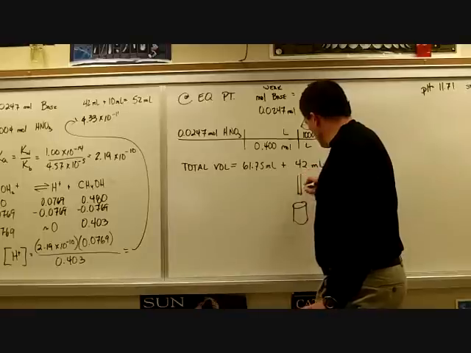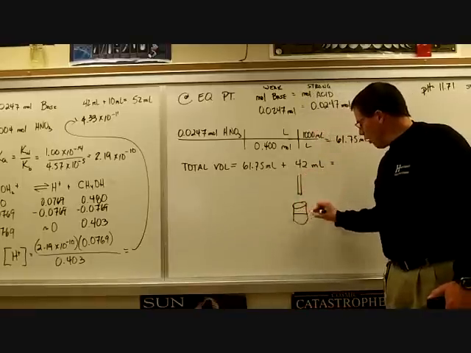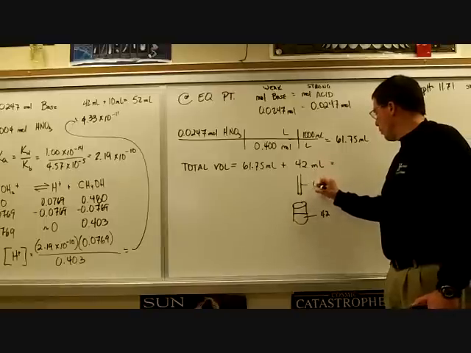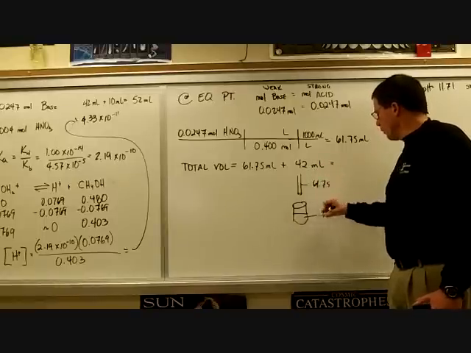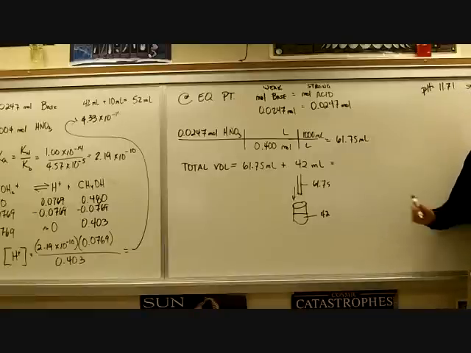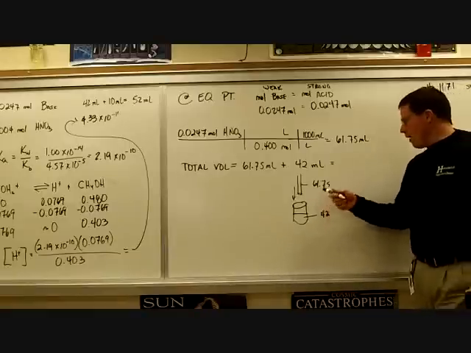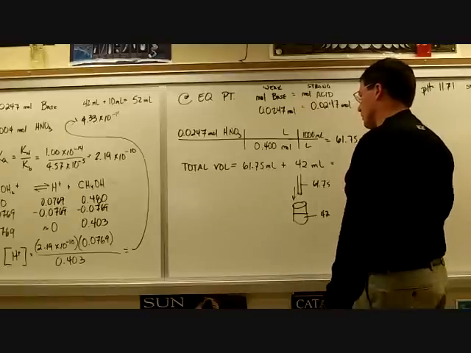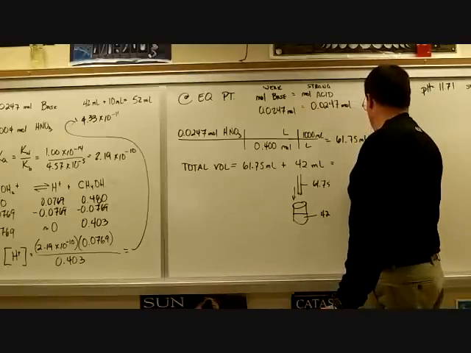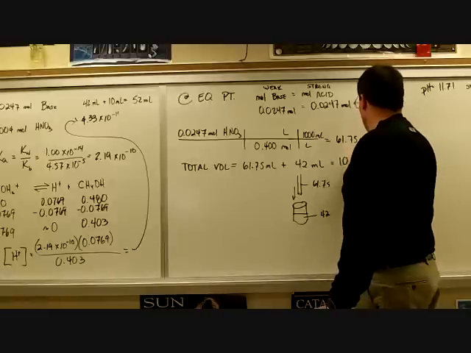Not a pretty titration drawing here. But we started off with 42 in there, and then we added the 61.75 mL here. So we're adding a liquid to a liquid. Once we added that amount, now we have a volume of 103.75.